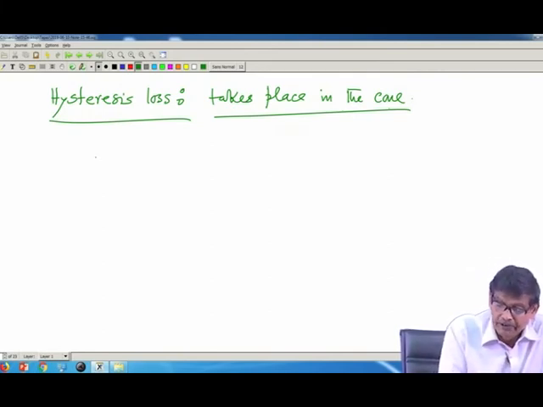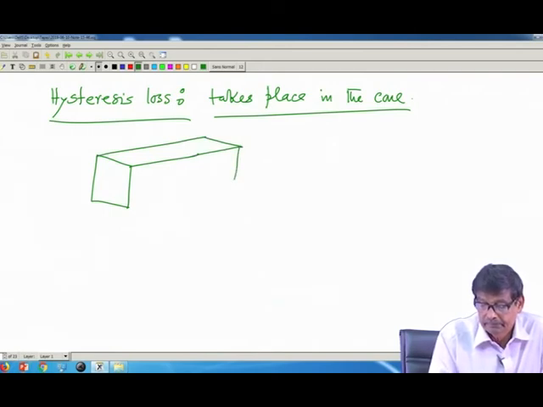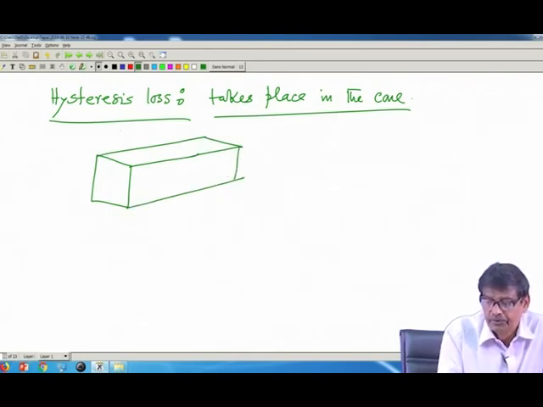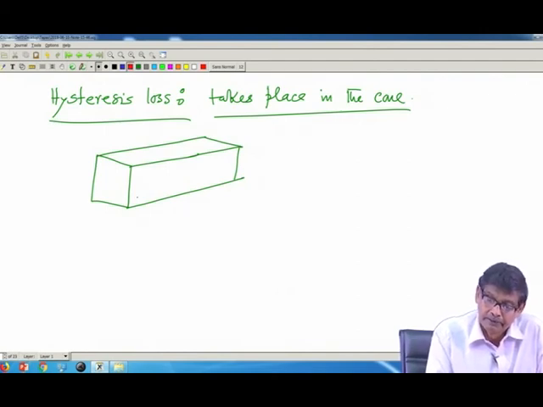See, after all, if you have a magnetic material like this, over which you wound a coil, suppose let me draw some coil, say a piece of iron, and here is a coil.